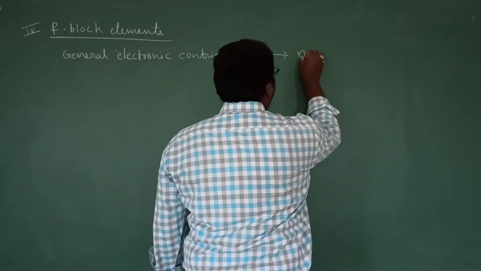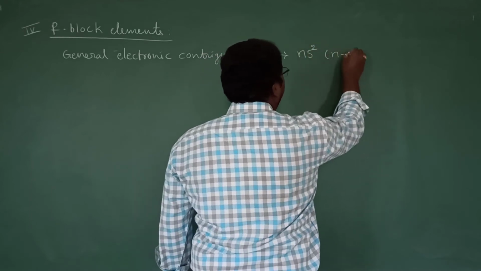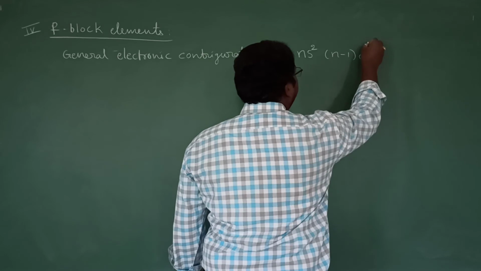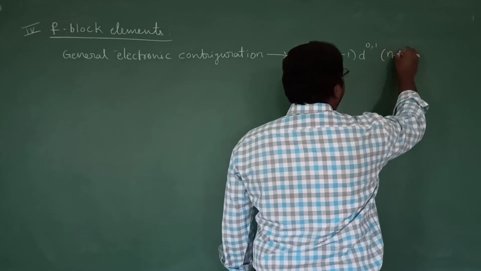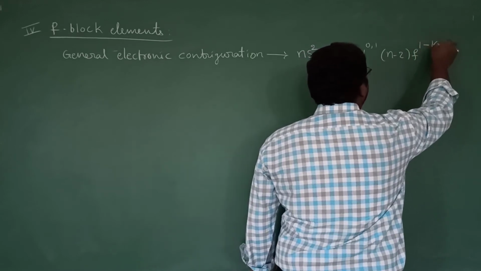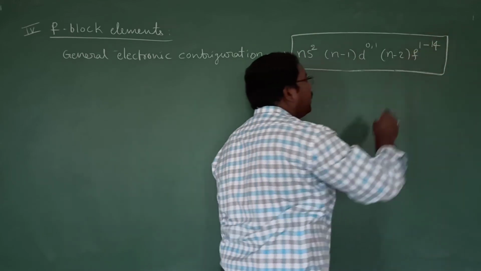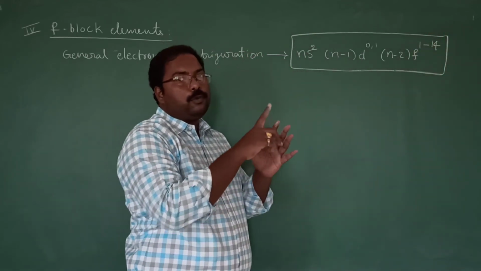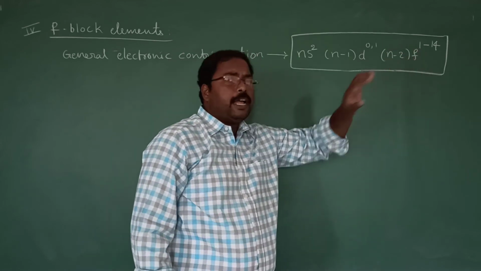Their general electronic configuration is ns2 (n-1)d 0 or 1 (n-2)f. The F orbital capacity is 14. So that is why the elements with f1, f2, f3 up to f14 will come under F block.